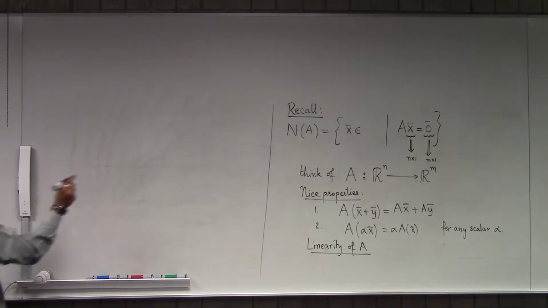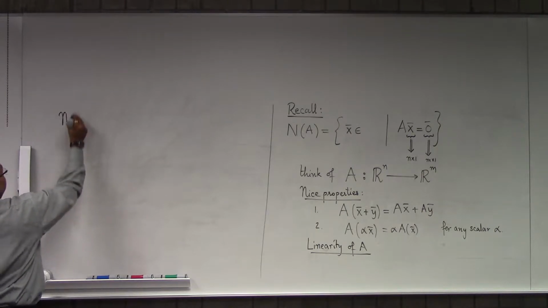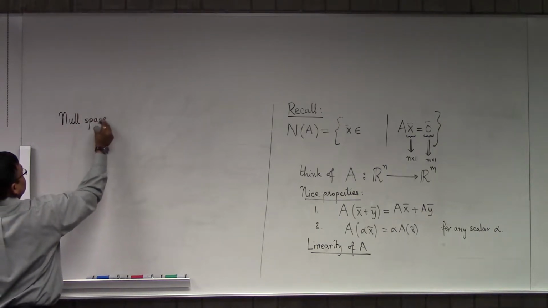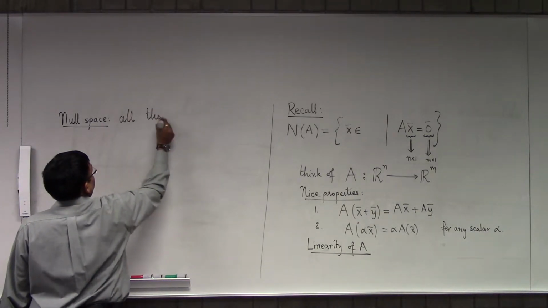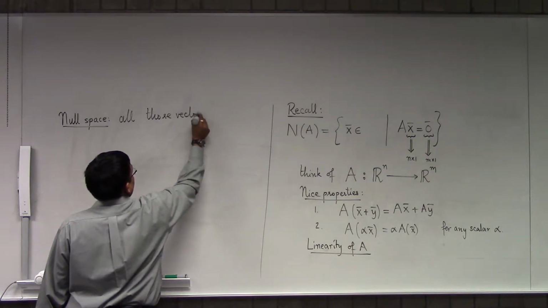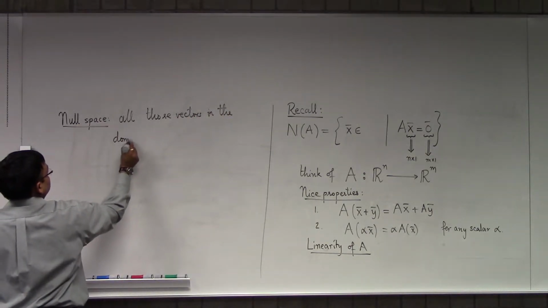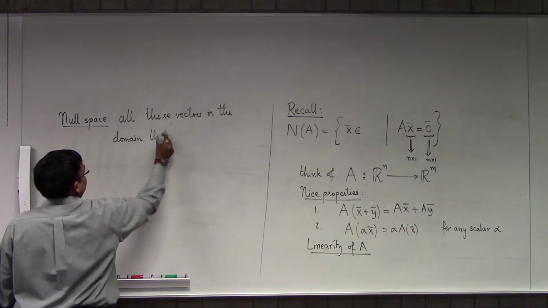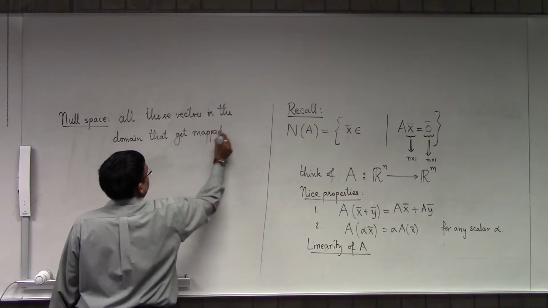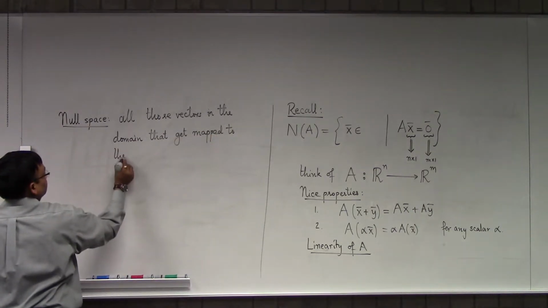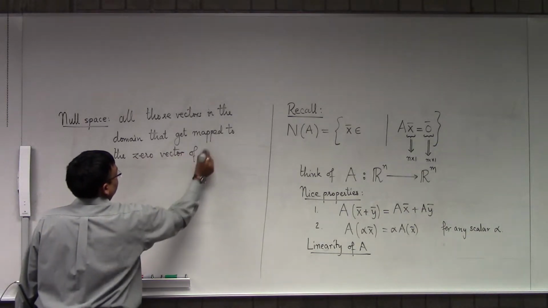Another way to think about null space could be as follows. We can say, well, all those vectors in the domain that get mapped to the zero vector of the codomain.